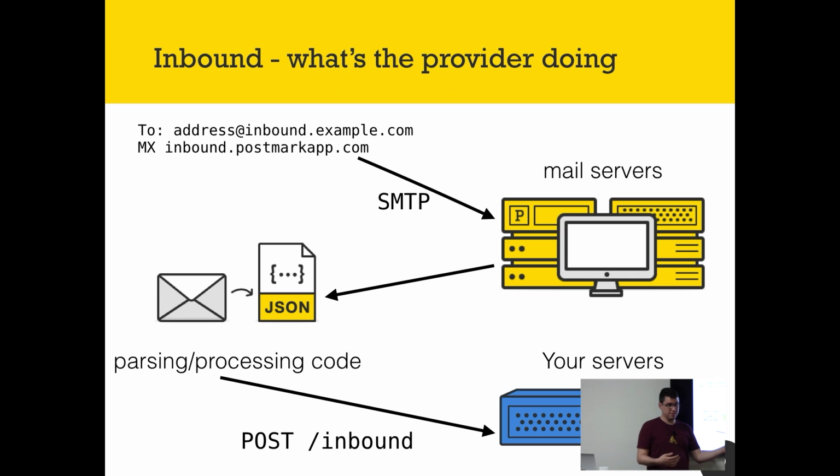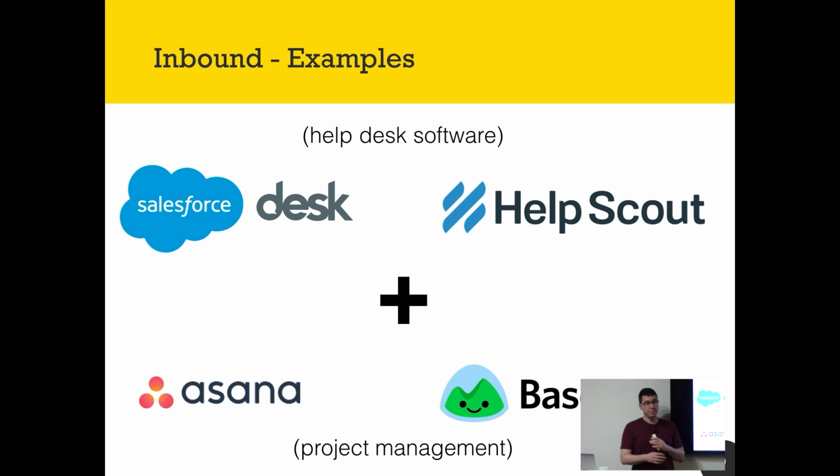and we send you the email as JSON data. The prototypical examples are help desk software and project management tools, and also sales software like Salesforce or HubSpot and things like that.